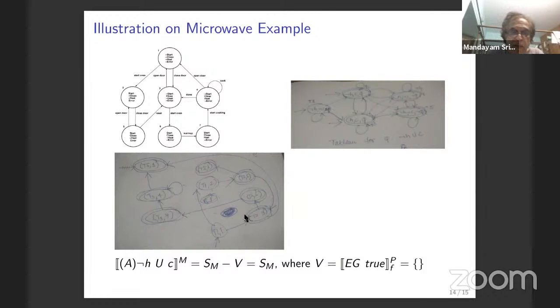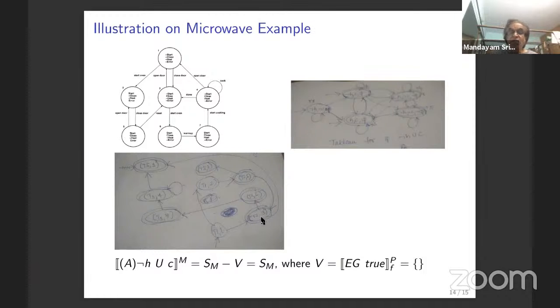There's no T7, I'm sorry. T1, T2, T3, T4, T5. If you look at this, 1, 2, 3, 4, 5, 6, 7, all the states of M are included in this. So V is those states, and that will include everything.